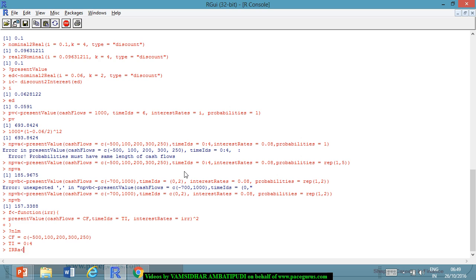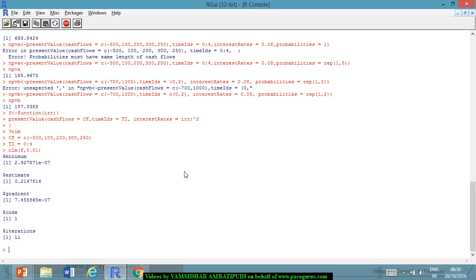So first let me execute, as before assignment, NLM f comma 0.01. See what it is doing, the NLM function. If you simply say NLM f comma 0.01, it gives a few things. By doing this nonlinear minimization, I am getting the minimum value as 2.927.